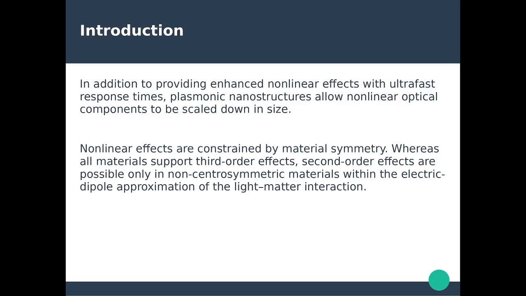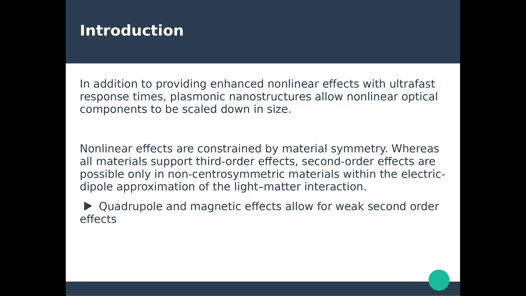We'll see that it's not entirely true, and we can actually go around this central symmetry condition. This is true for dipole approximations, and we're going to see that we can also go around this limitation as well. How do we go around those limitations?